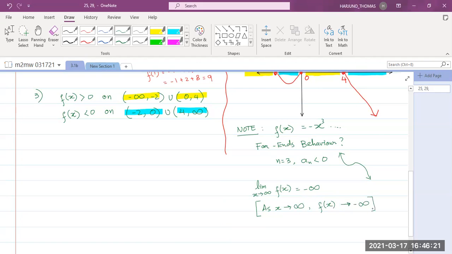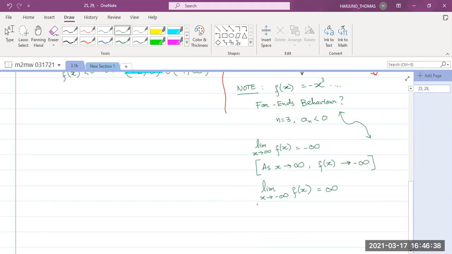That's the right end behavior when you go very far to the right. And when you go very far to the left, the limit as x goes to negative infinity of f(x) will be positive infinity. In other words, as x goes to negative infinity, the function f(x) goes to positive infinity.